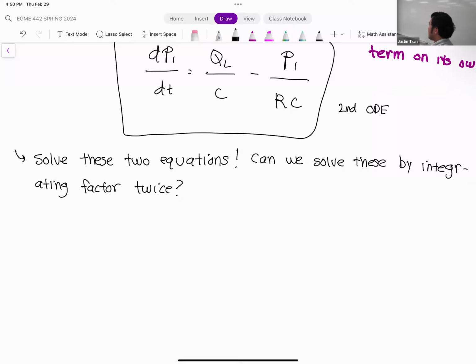Solving one ODE by itself is a little tedious, but it's fine at the end of the day. We can do it. And so if we have two equations, we should just be able to do it twice.